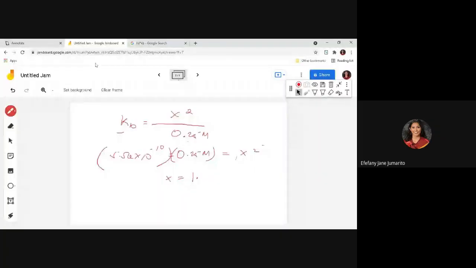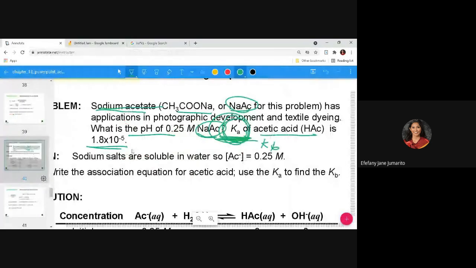Now, okay. So if you have your weak acid or weak base, you can neglect if the Ka value is times 10 to the negative 5 or lower.